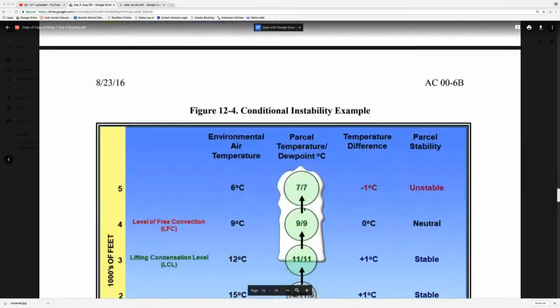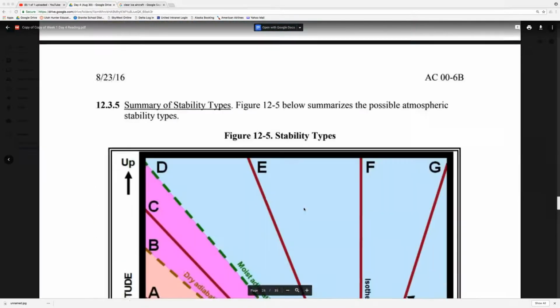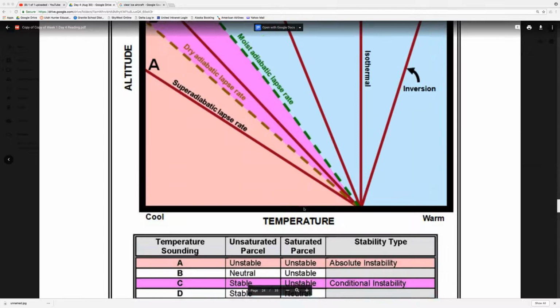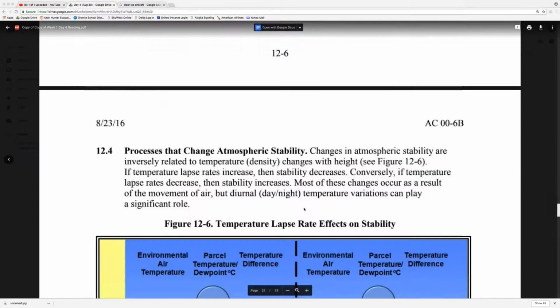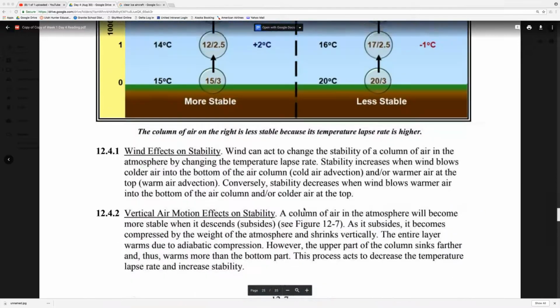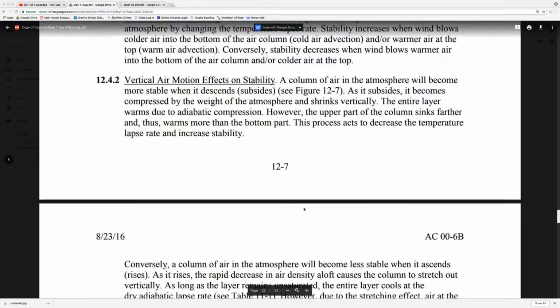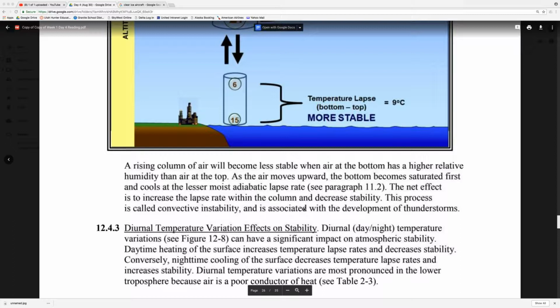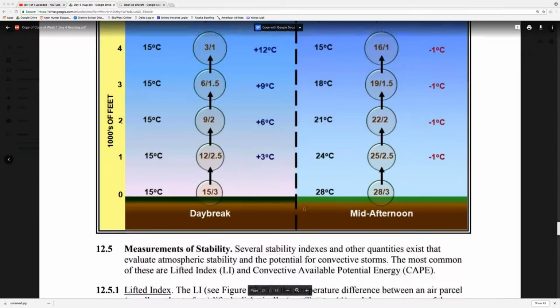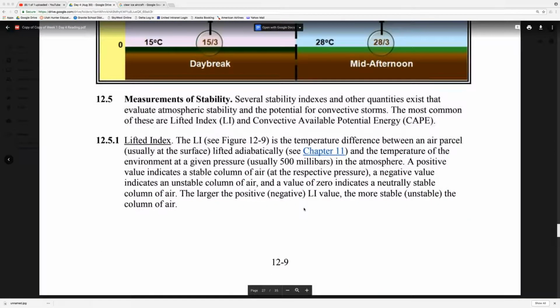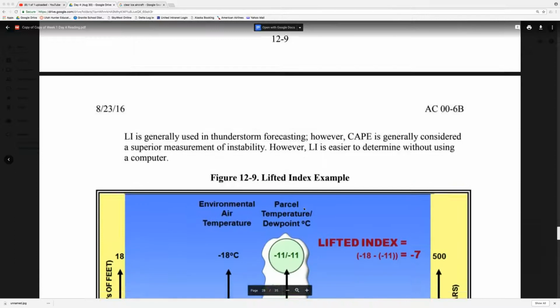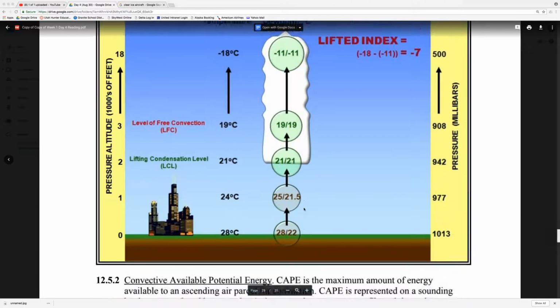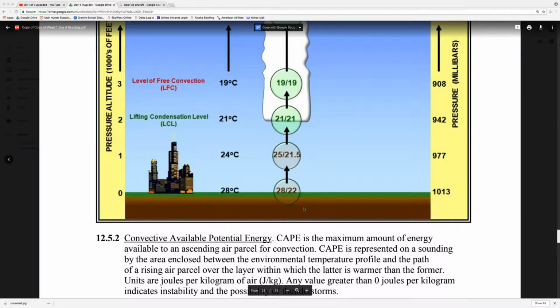Remember 2 degrees per thousand. That's pretty much all you guys need to know. You guys saw how the dry adiabatic lapse rate will continue to climb and climb till it reaches that saturation point, right?